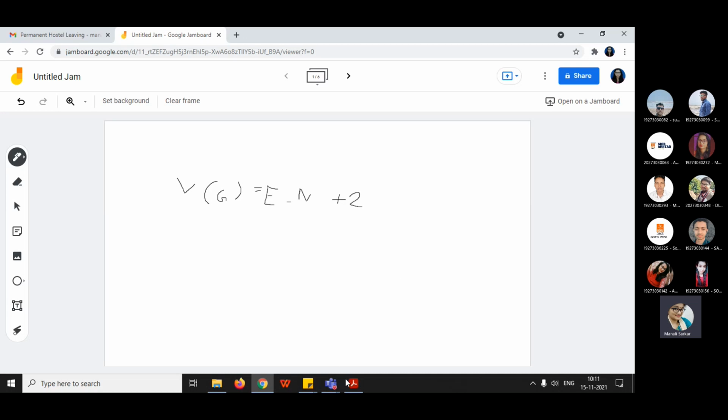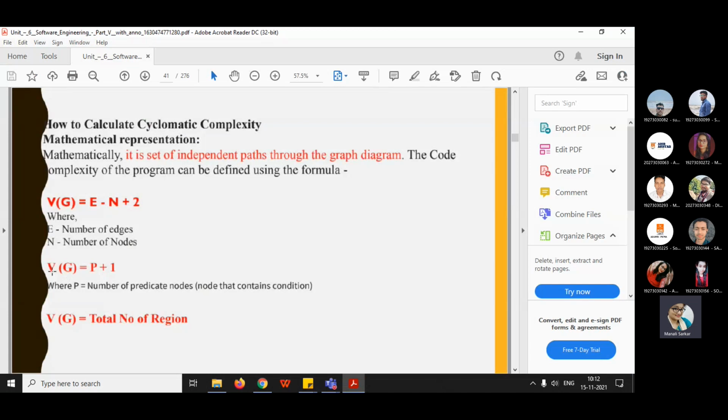This is one formula to find the cyclomatic complexity of a given graph, and another formula is Vg equals P plus 1.